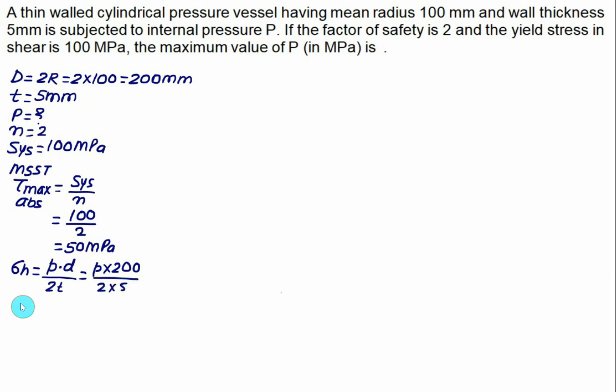So the hoop stress will be equal to 200 by 10, that is 20 times pressure P. And the longitudinal stress is always half of the hoop stress, that is 20 times P divided by 2, which is equal to 10 times P.